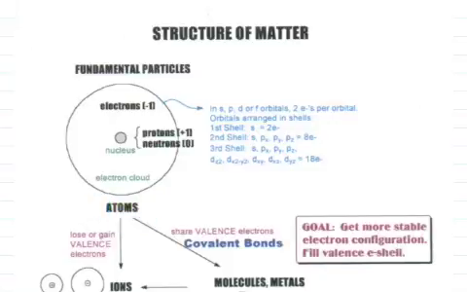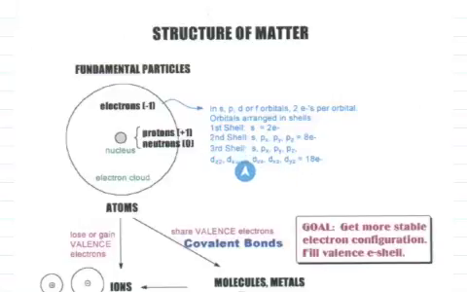In S, P, D, and F orbitals, there are 2 electrons per orbital. Orbitals are arranged in shells. The first shell, which is our S orbital, has 2 electrons. Our second shell has the S orbital, the px, the py, the pz. Remember, the p orbital has 3 suborbitals, giving us 8 electrons.